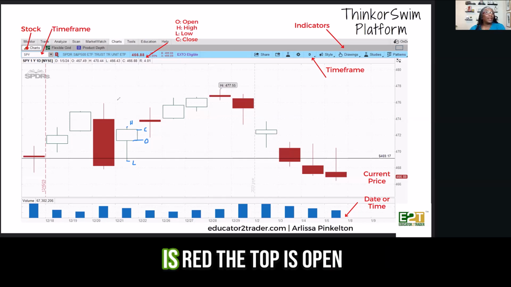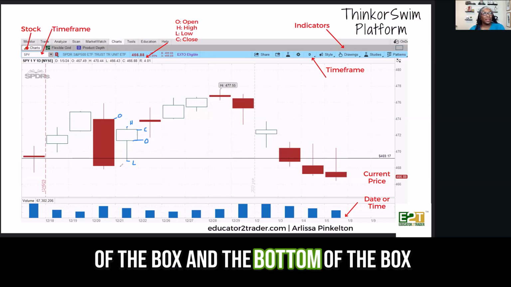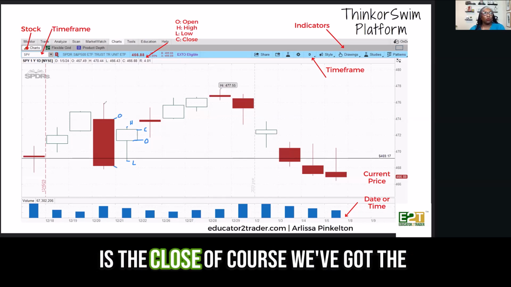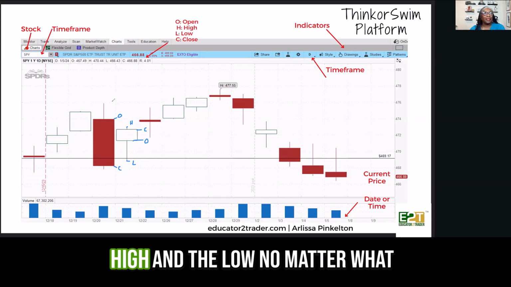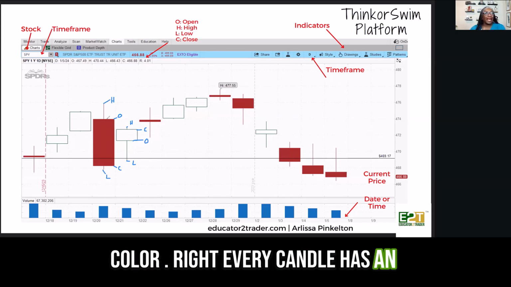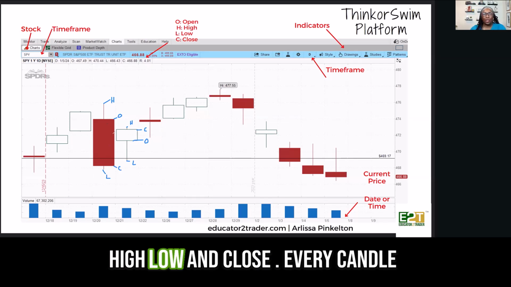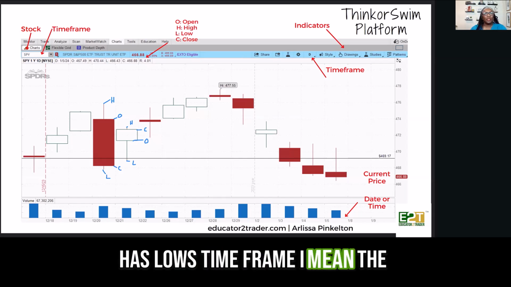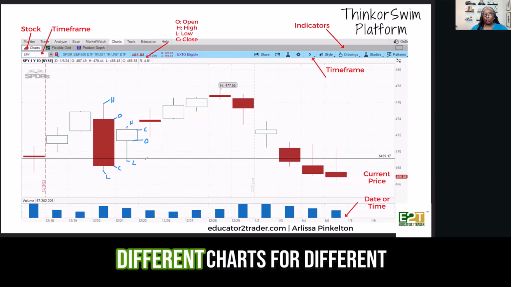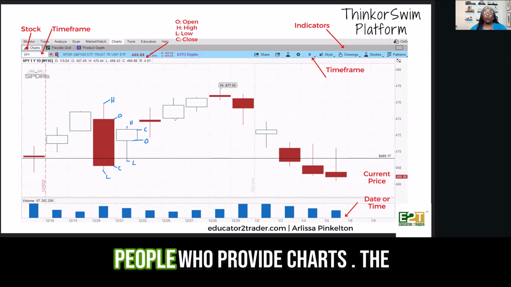If the candle is red, the top of the box is the open and the bottom of the box is the close. Of course, we've got the high and the low, no matter what color. Every candle has an open, high, low, and close.